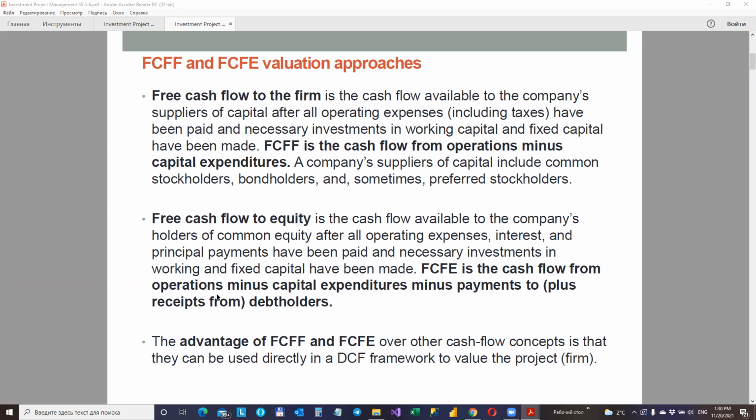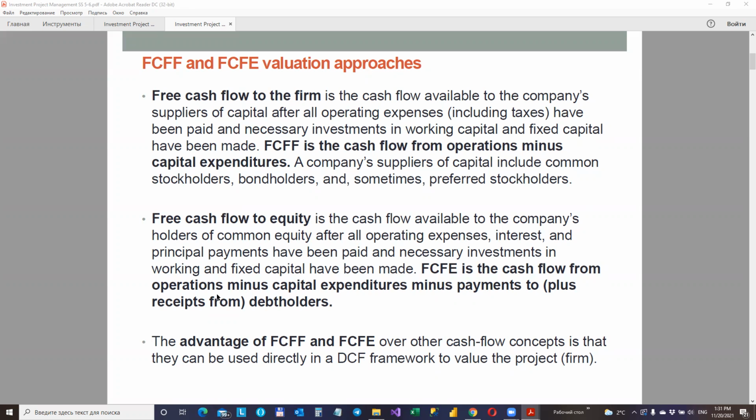Free cash flow to the firm is the cash flow available to the company's suppliers of capital after all operating expenses, including taxes, have been paid and necessary investments in working capital, for example, in inventory, and fixed capital, for example, in equipment, have been made.